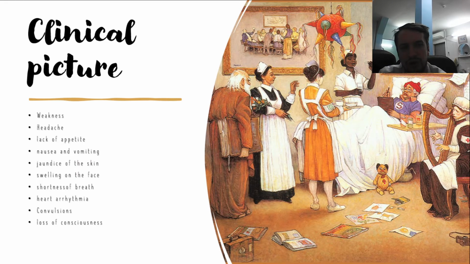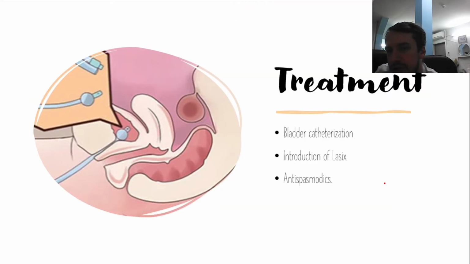Clinical picture: weakness, headache, lack of appetite, nausea and vomiting, jaundice of the skin, swelling on the face, shortness of breath, heart arrhythmia, convulsions, loss of consciousness. Treatment: bladder catheterization, introduction of laxatives and antispasmodics. That's all.